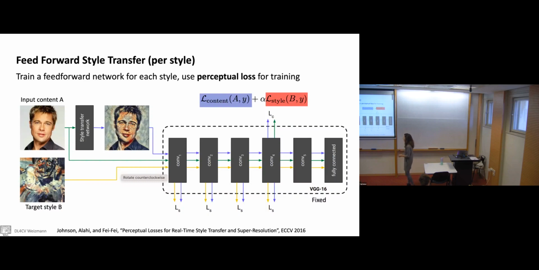Let's say I have this target style B. So the idea is to train one model that will be good for many content images, but for a single style. And the way to do that, again, all these illustrations are a bit bulky, but this is our fixed, pre-trained and frozen classification network. And the thing that we're gonna optimize is this style transfer network.